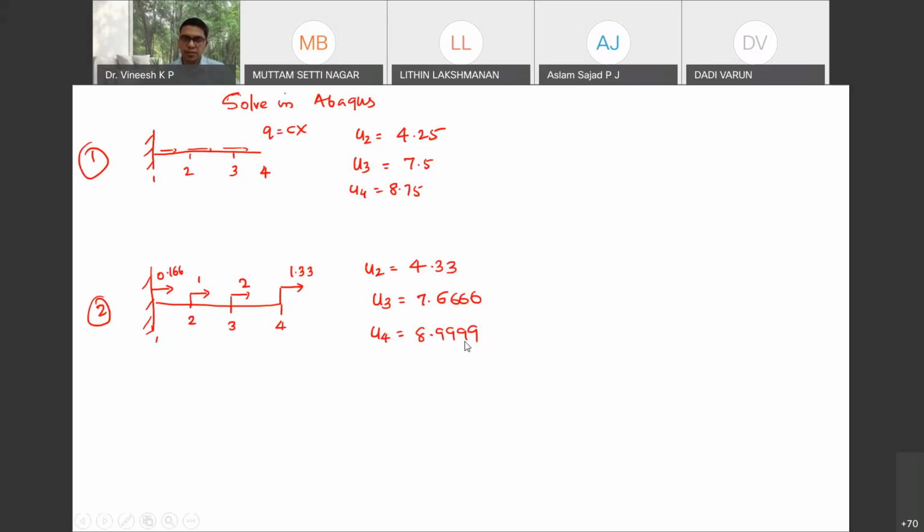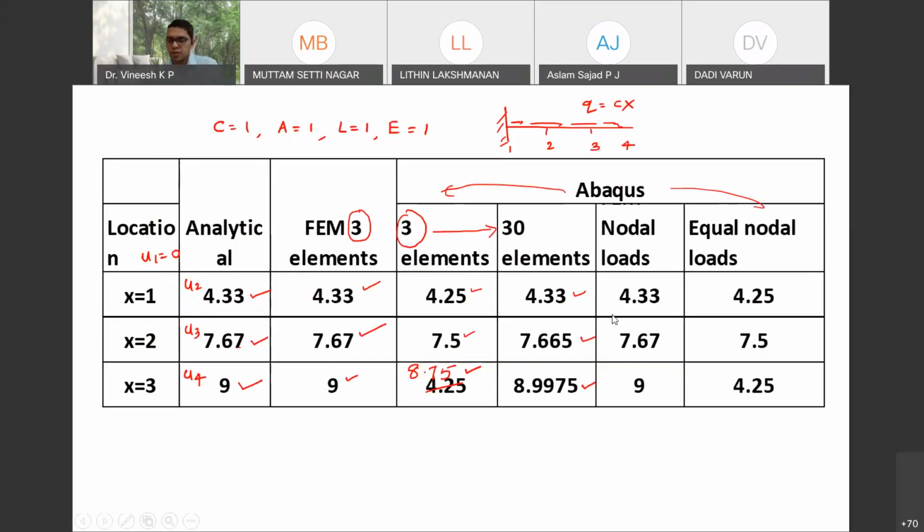So what is the difference actually? This is the nodal load. You are going to get 4.33, 7.666, that is equal to 7.67, and 8.999, that is equal to 9. Now if you look at it, these results are matching, but these results are not matching. So what may be the reason?